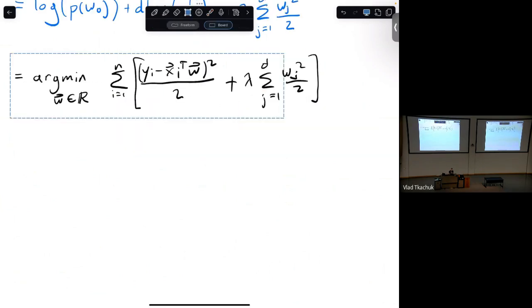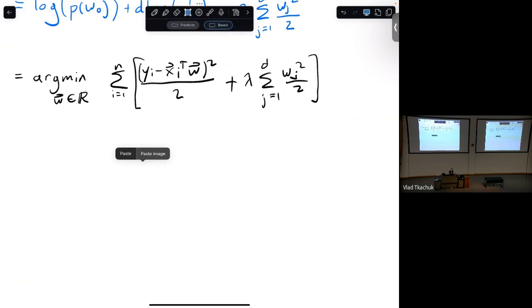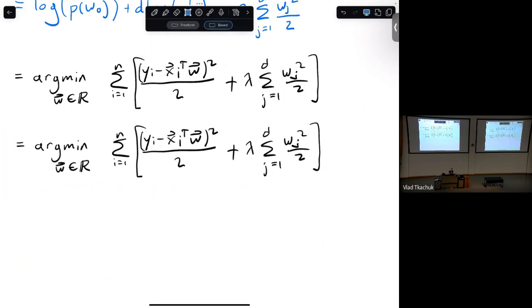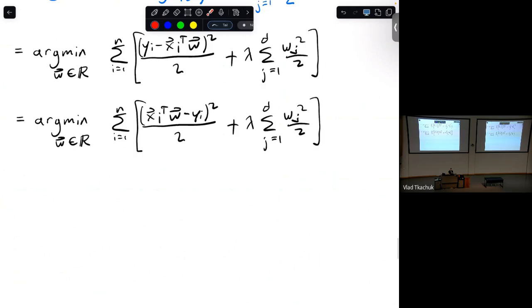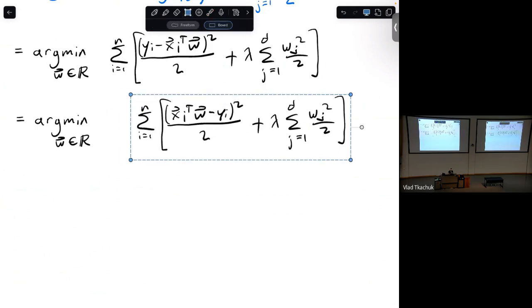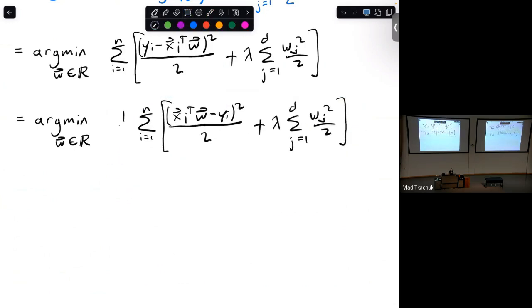And what we can observe is if we take this quantity and just slightly add some extra constants and so on, first maybe rearrange this loss to look like what we've seen before. Since it's squared, it doesn't matter if you do something minus the other. If you then notice that in our empirical risk, we had this 1 over n out front. Well, we can multiply the whole thing by 1 over n. So 1 over n times this. That looks like our empirical risk. We multiply the lambda also by 1 over n.